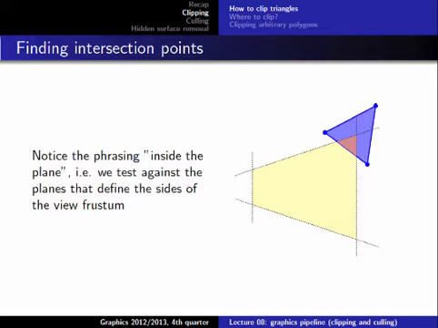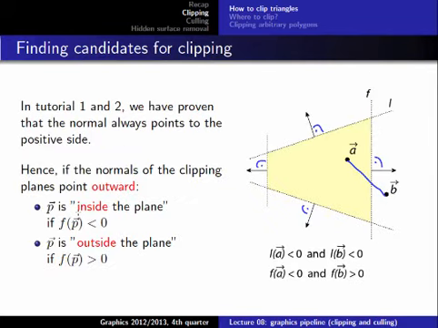Now be careful here, that's why I put this here in quotes, that it says here inside the plane, what actually doesn't really make sense, so it's more an informal specification of it, because with respect to a plane, it only makes sense, of course, to speak about like above or below the plane. But since we use the planes then to specify the view frustum, I'm talking about inside and outside.